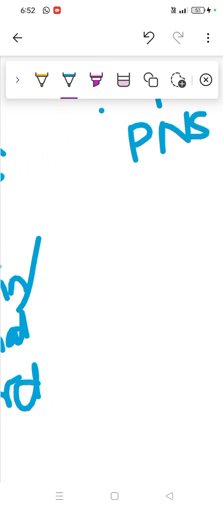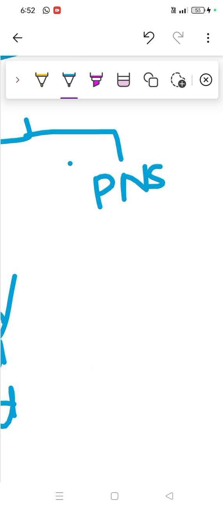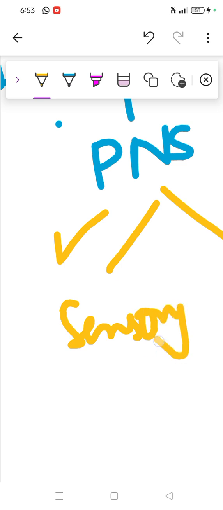Whereas the PNS brings information from sensory to motor neurons, and then they generate a response. Again, in this one we have two types called sensory and motor.